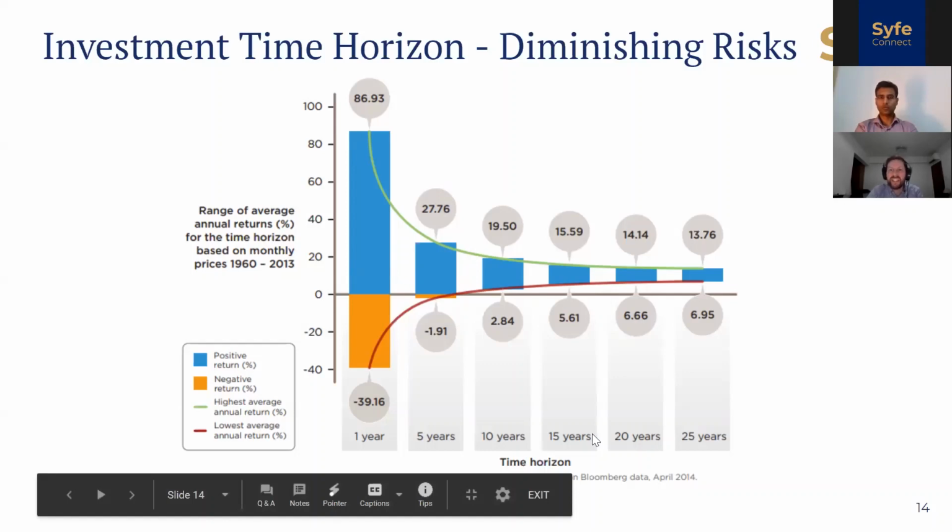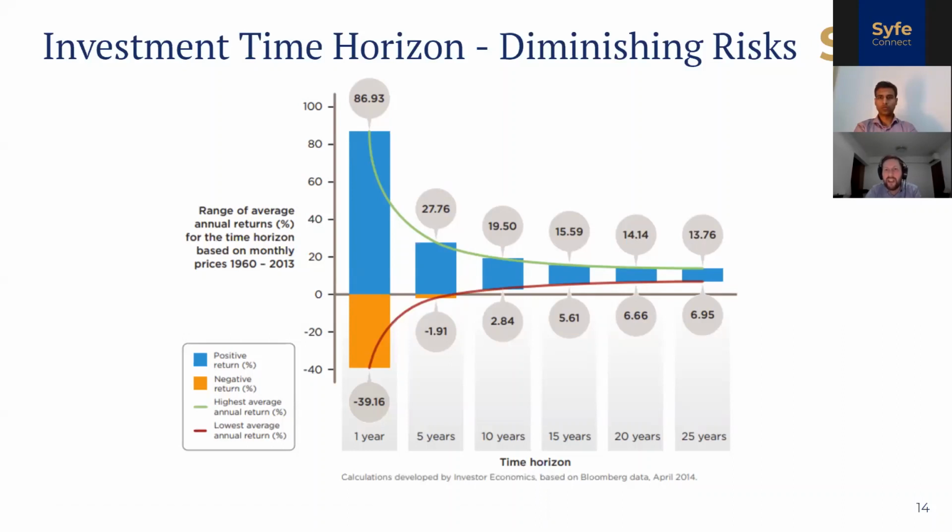So the worst case scenario is that you would be positive after 10 years. So I think the message here is that the longer the time horizon is, it really is your friend. And when it comes to trying to have a successful outcome in investing, the key really is time to mitigate risk.